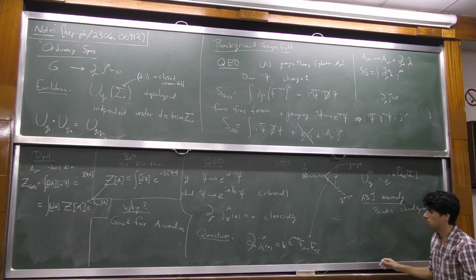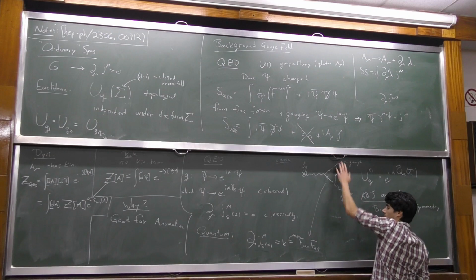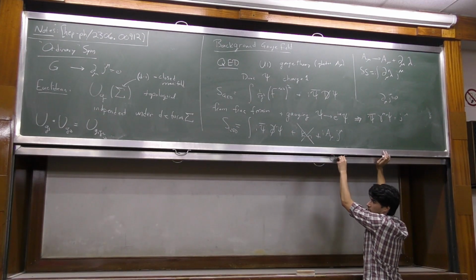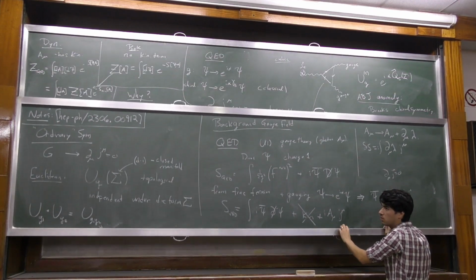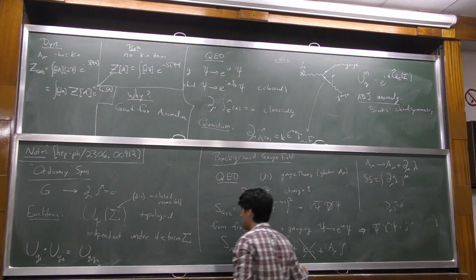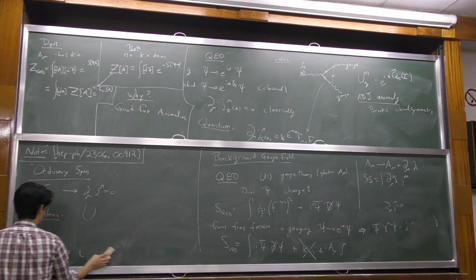Okay, so that was sort of a lightning review of what an ABJ anomaly is. But what's maybe more important for analyzing symmetries are called 't Hooft anomalies.